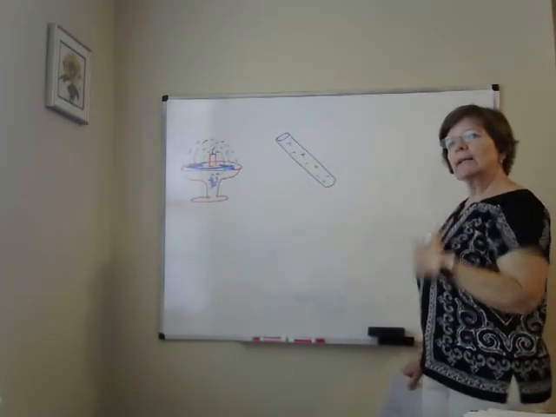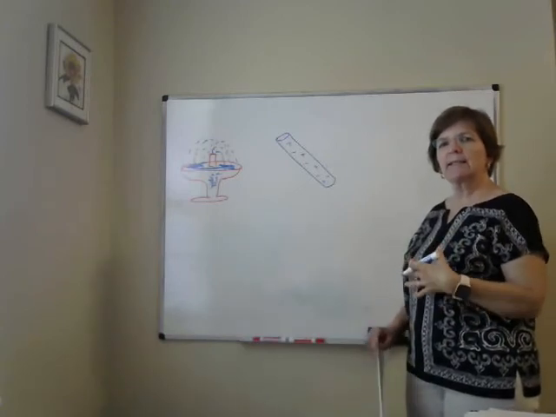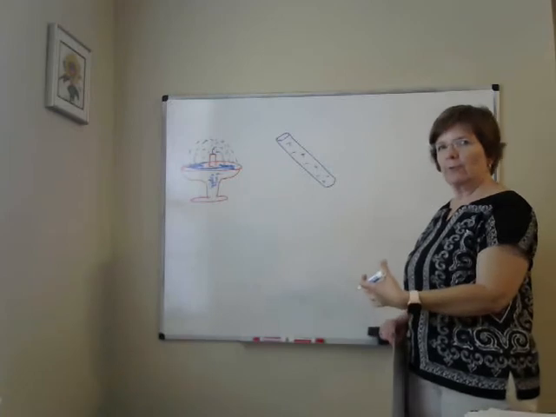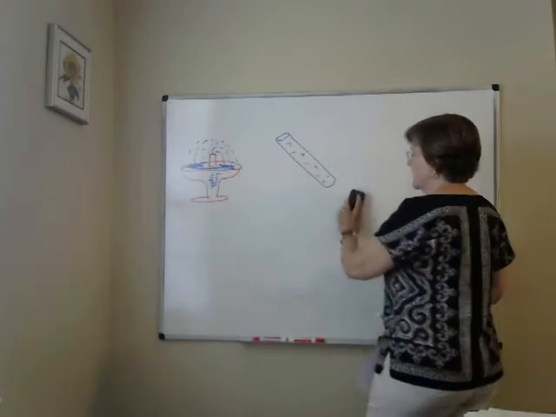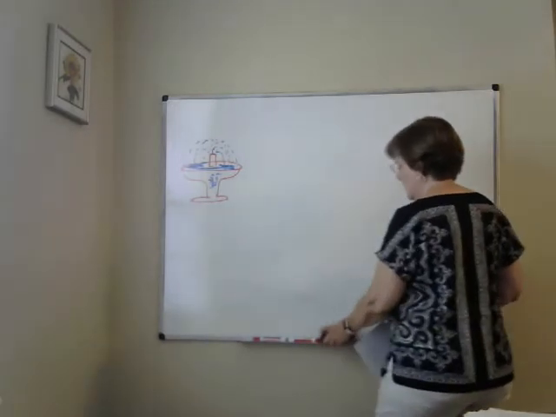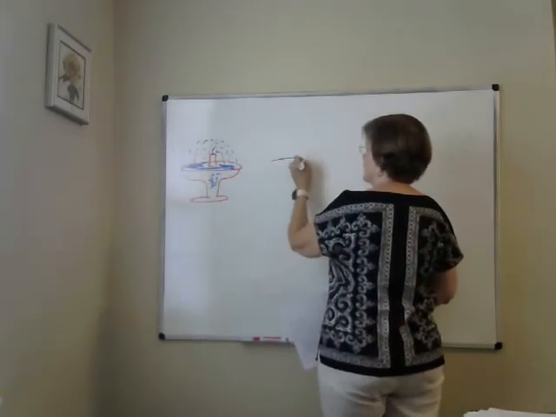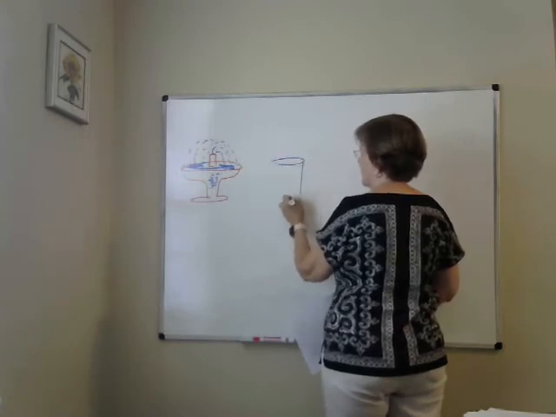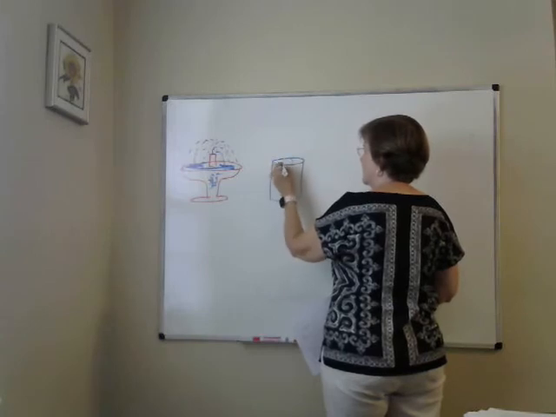We can't get a current unless we have something that provides that pressure, like a water pump. We call it electrical pressure. And for most circuits, or for the simplest ones anyway, we can use a battery. Here's a picture of a battery. A battery has a positive terminal.